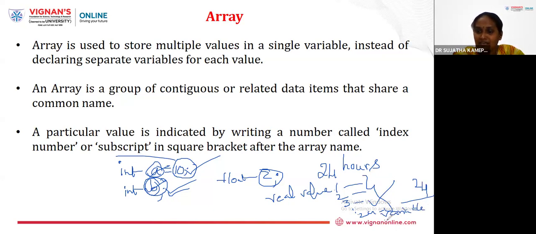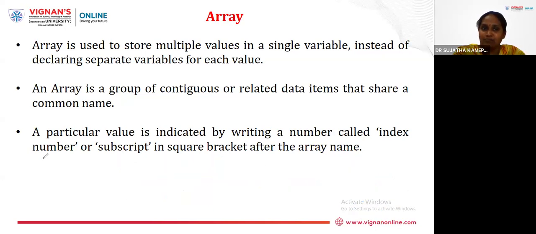To effectively represent these 24 values, or similar type of data, we can use arrays. Using a single variable, I can represent all those values. That single variable is nothing but an array.